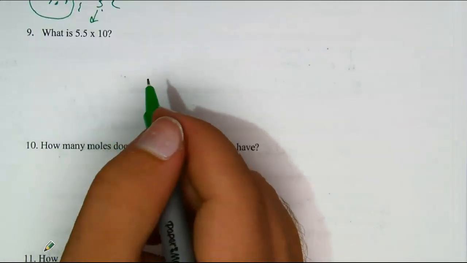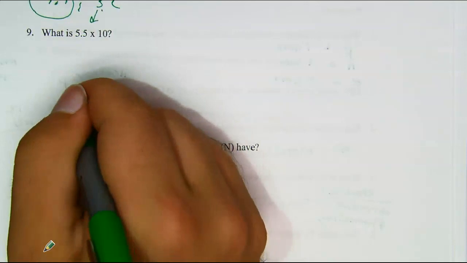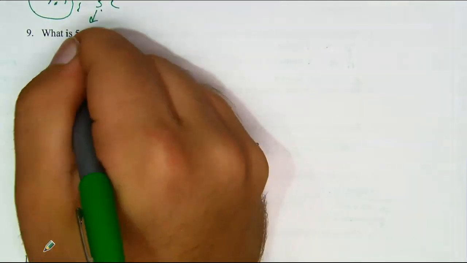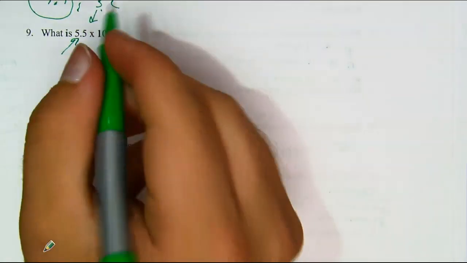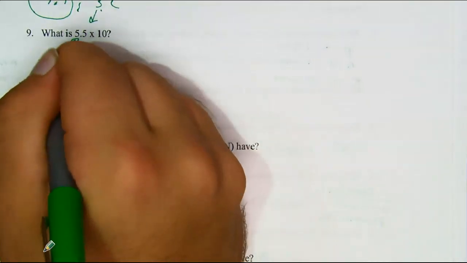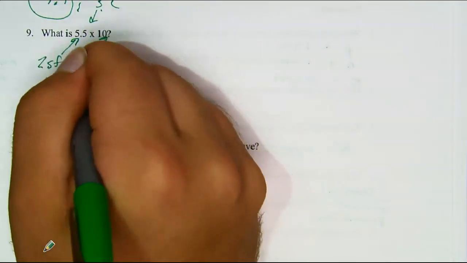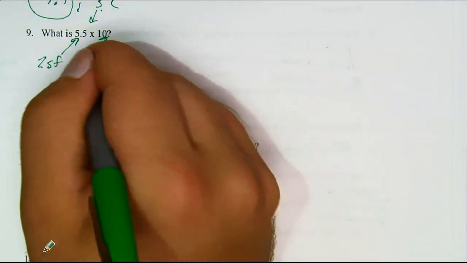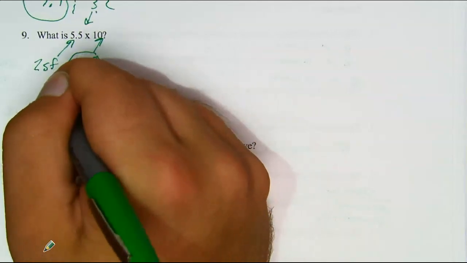What is 5.5 times 10? Multiplying those two numbers, you get 55. However, you have to look at the number of sig figs. 5.5 has 2 sig figs. 10 only has 1 sig fig. You're going to take the number with the least amount of sig figs and round your answer to that.